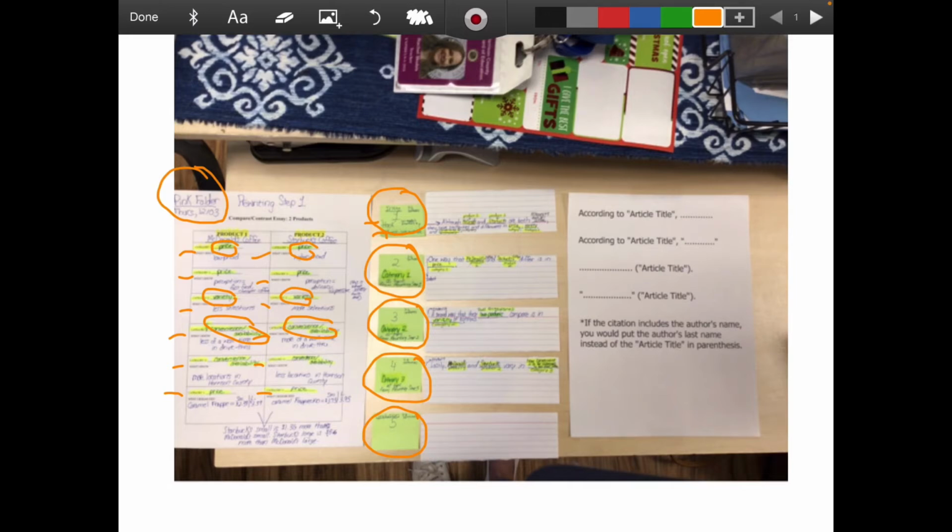Next paragraph, I give you the first sentence. Make sure that you indent each one. A second way that these products, so write your products in there, a second way that these restaurants compare is in category 2.